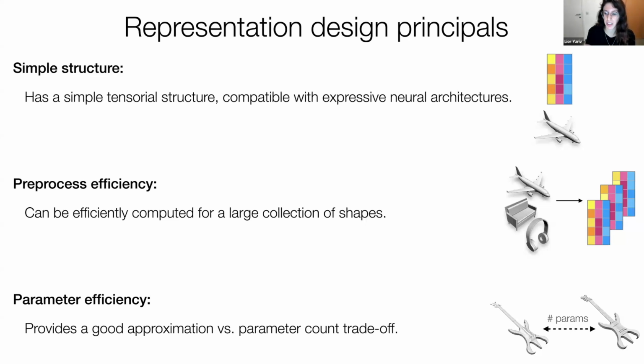You see the example here on the bottom right, the left one. Both representations have the same number of parameters, but the left one is represented less well, with a worse approximation of the original shape than the right one, because we don't have all the details.